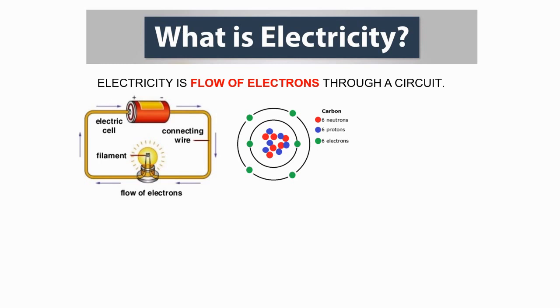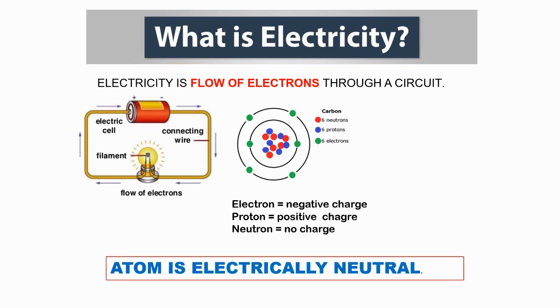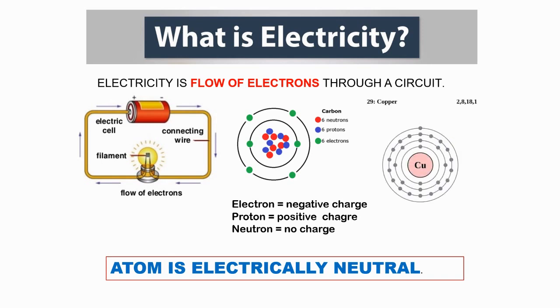The number of protons and electrons is the same in an atom. Electron has a negative charge, proton has a positive charge, and neutron has no charge. Due to the same number of protons and electrons in an atom, it is electrically neutral because the charges nullify.